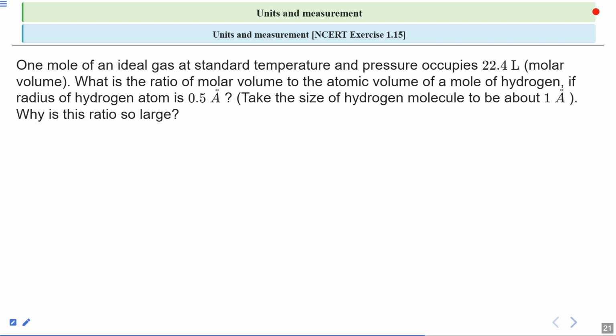Did you understand what I was trying to say? Okay, let's go to the solution. So what we did is we took, even if it's a hydrogen molecule or a hydrogen atom, both have some kind of 0.5 angstrom radius.